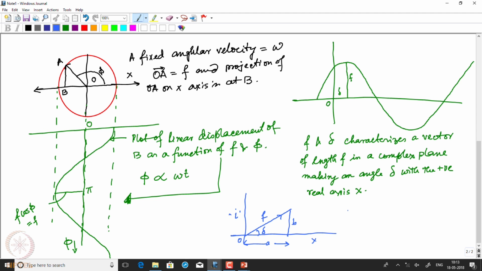One can write f equal to a plus ib, which is nothing but f cos delta plus i f sin delta.